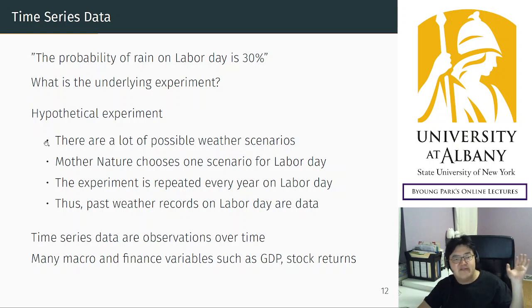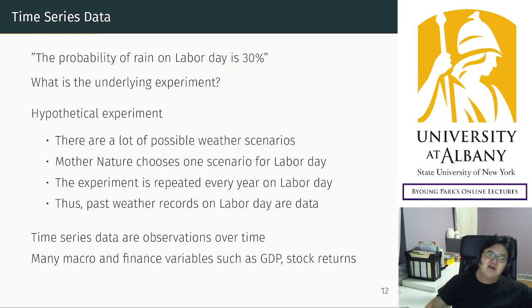There are a lot of weather scenarios on Labor Day, and Mother Nature randomly chooses one scenario, right? And we think that every year's Labor Day is a repetition. So Labor Day last year, Labor Day the year before, and the year before are repeated observations.